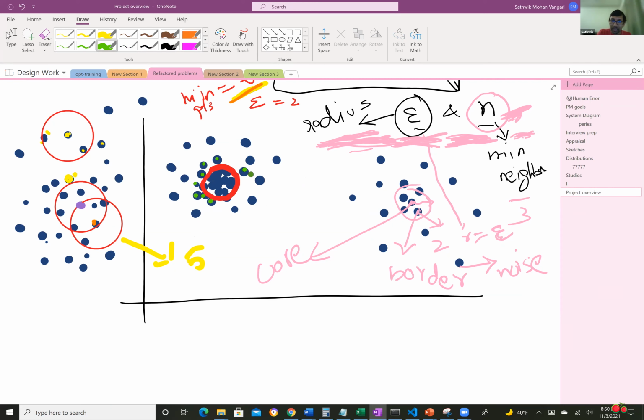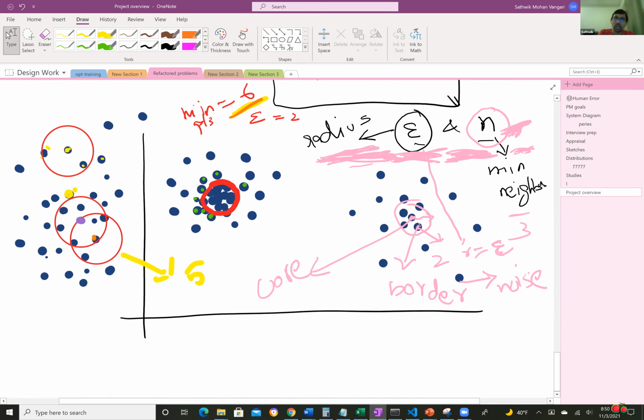These points right in the dead center within the red circle that I drew will become core points because they are very tightly packed to each other. Most of them will satisfy this condition, that they will have at least 6 points around them in a circle of say 2 units. The border points may not have 6 points around them, but they are in the vicinity of core points, and so they become border points.